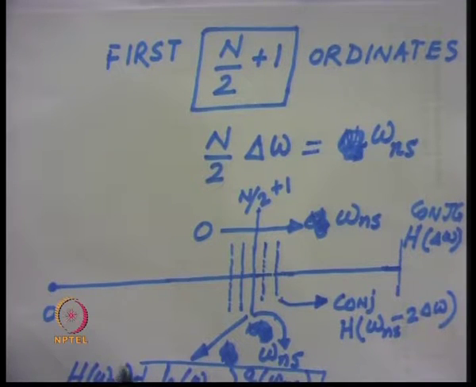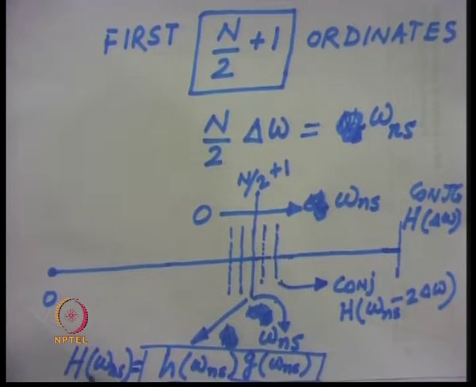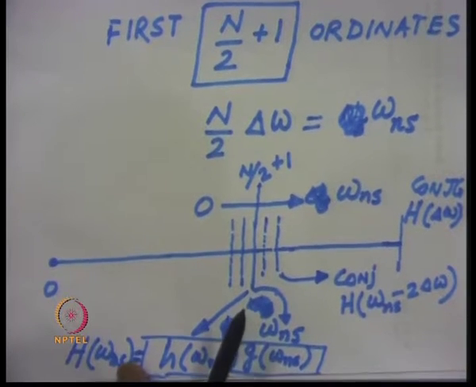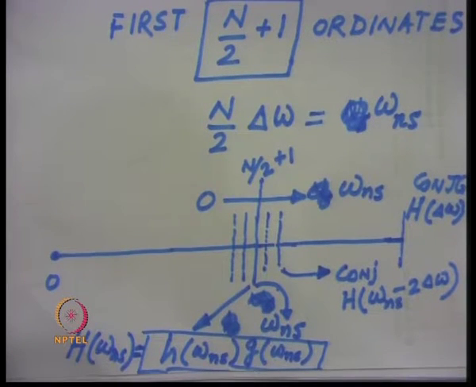Once we get the multiplication of these two quantities, this is given as an input to IFFT. In the IFFT, after the 17th value, the next ordinate that you consider is the complex conjugate of this one.